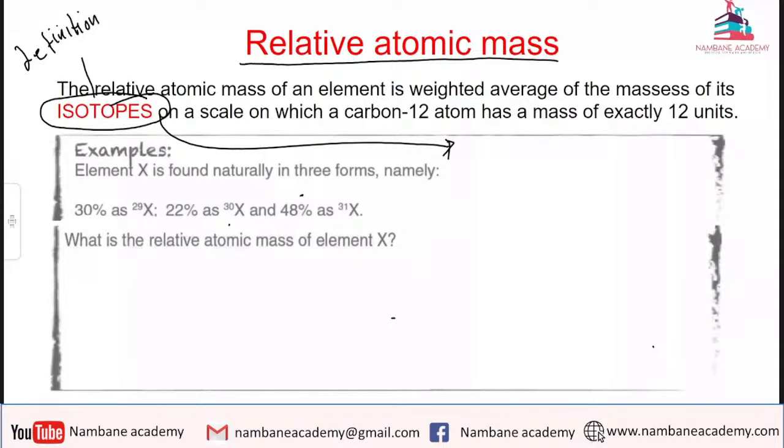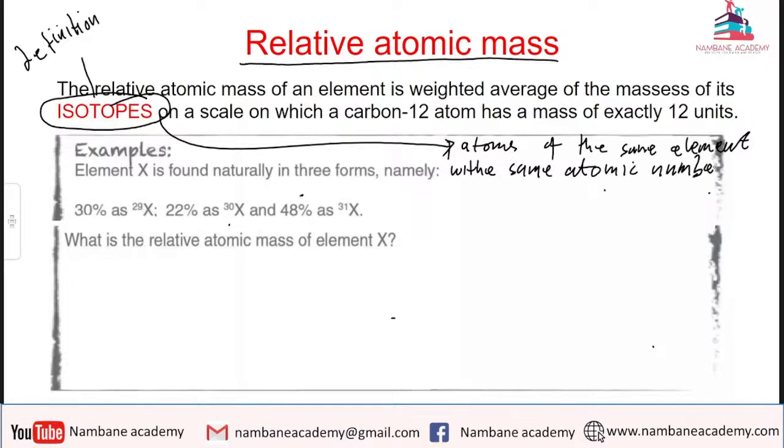A definition of an isotope is atoms of the same element, with the same atomic number, but different mass number. Different mass number.